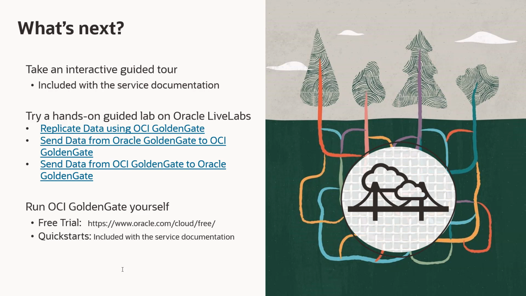We have hands-on labs, we have live labs that you can run either in your own tenancy or in our sandbox tenancy that we provide access to, the green button that allows you to start your live labs right away. And I would highly recommend to run OCI GoldenGate for yourself. You have a free trial, and if you already have an OCI tenancy, you can use the kickstarts that we are providing with the service documentation.